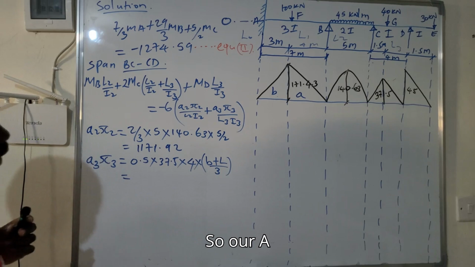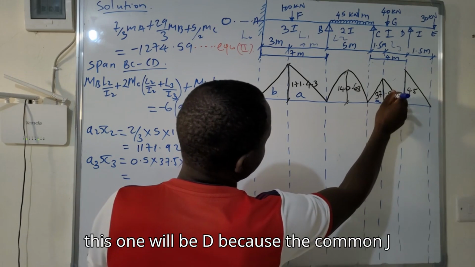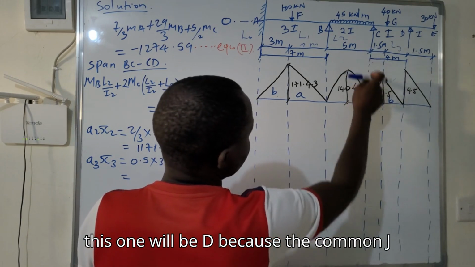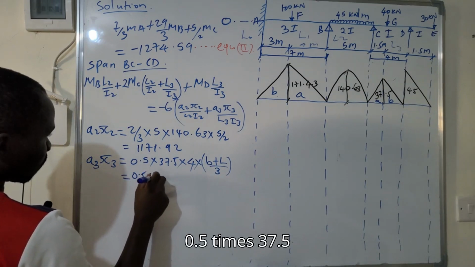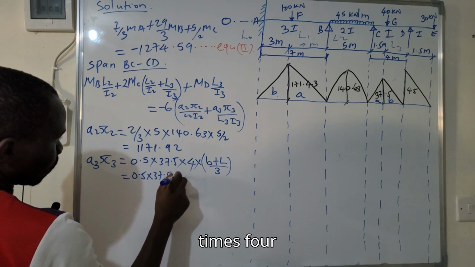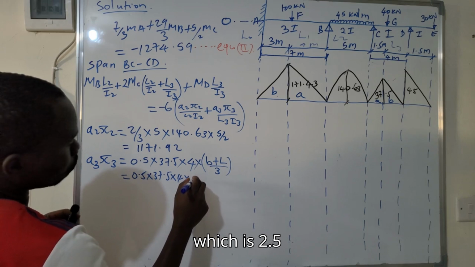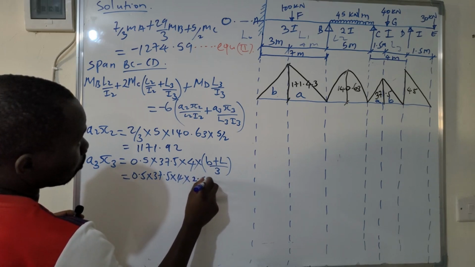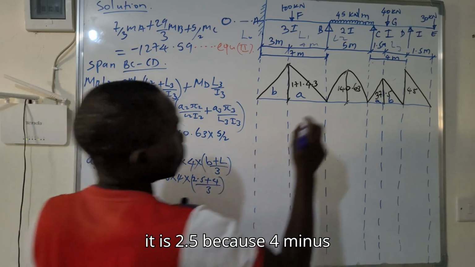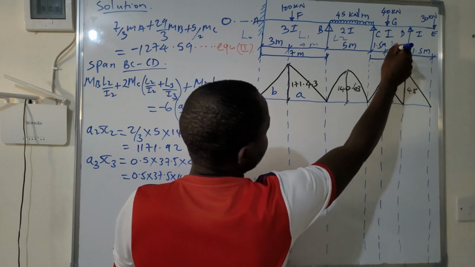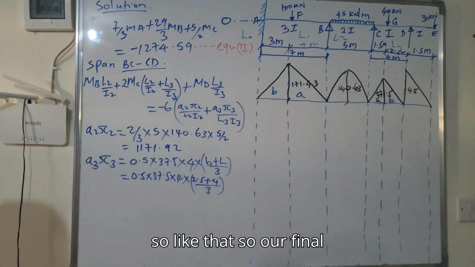So our A will be this one, then this one will be B, because the common jet is C. So 0.5 times 37.5 times 4 times B, which is 2.5 plus 4 over 3. It is 2.5 because 4 minus 1.5, so 2.5 meters. So like that.